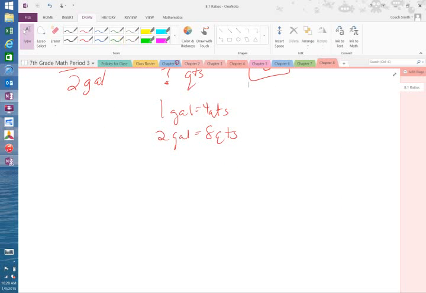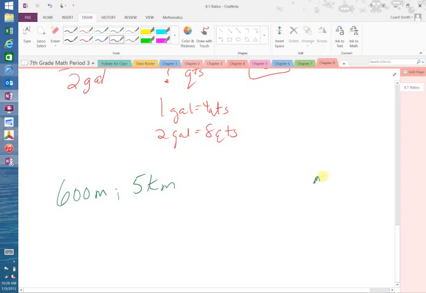Okay, throw a metric one in here because it's been a while since we've talked about metrics, but 600 meters, 5 kilometers. You have 600 meters and 5 kilometers. Which is smaller, meters or kilometers? Meters. Let's remember our little boxes. We had meters here, then we had a box, and a box.